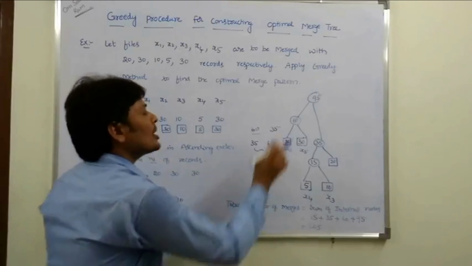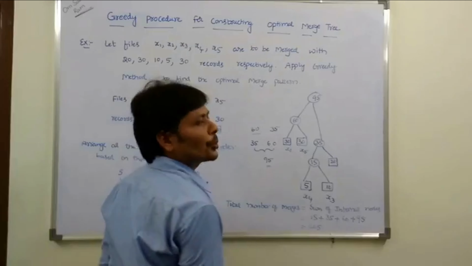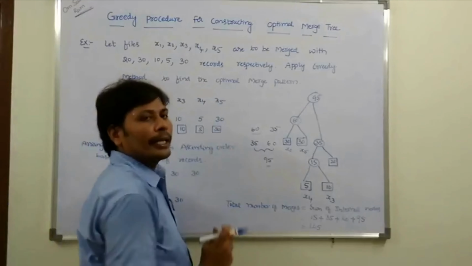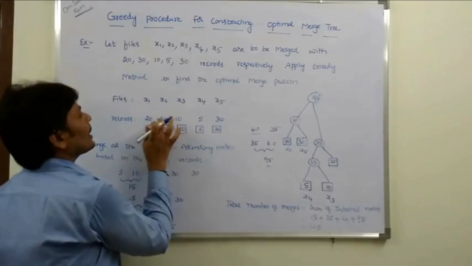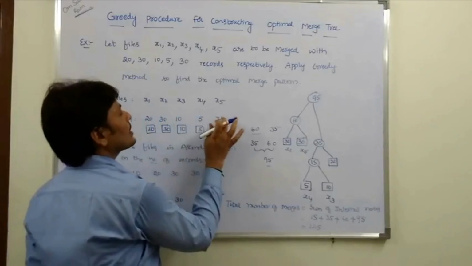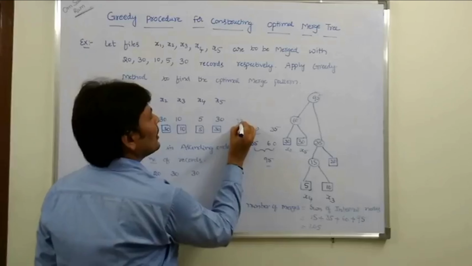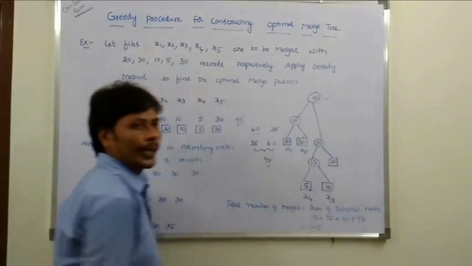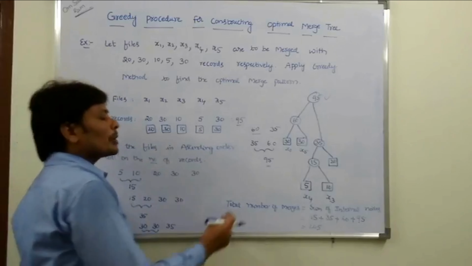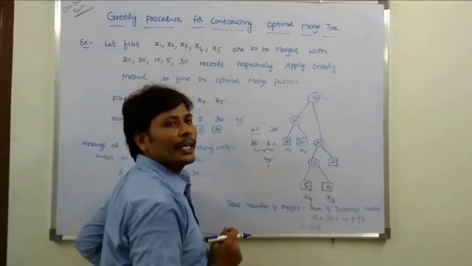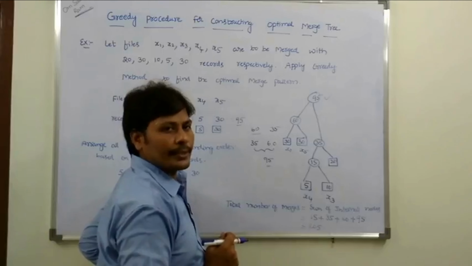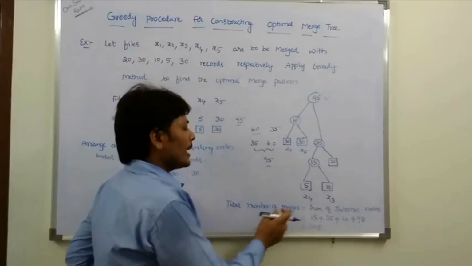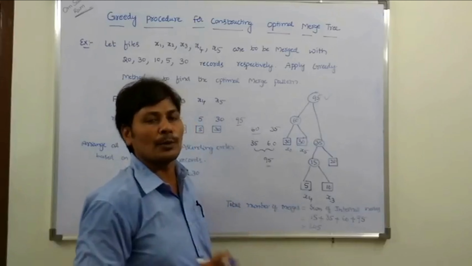Now how much value are we getting at the root node? That is equal to the sum of all the input records, that is 20 plus 30 plus 10 plus 5 plus 30. So that is equal to 95. So this 95 is the root node. How to find the total number of merges? The number of merge operations is equal to the sum of internal nodes.